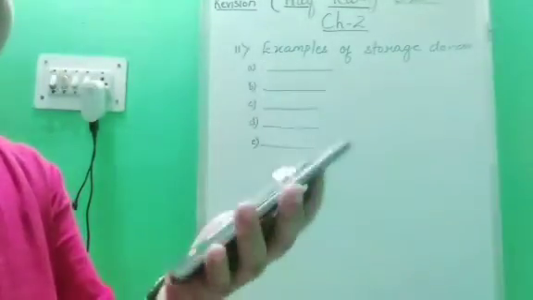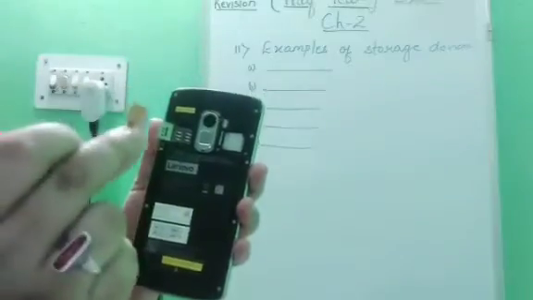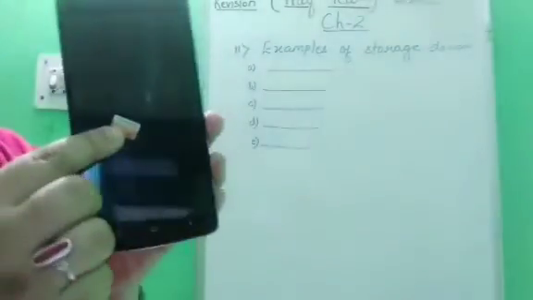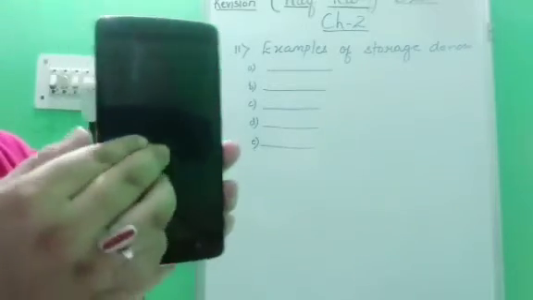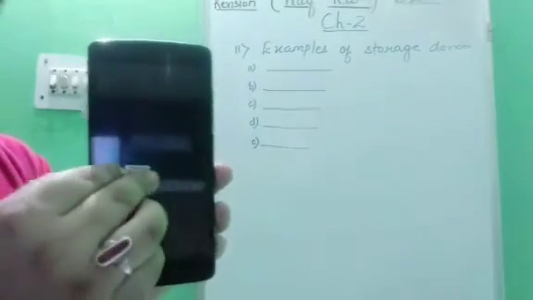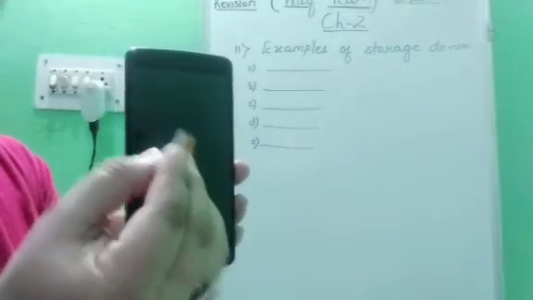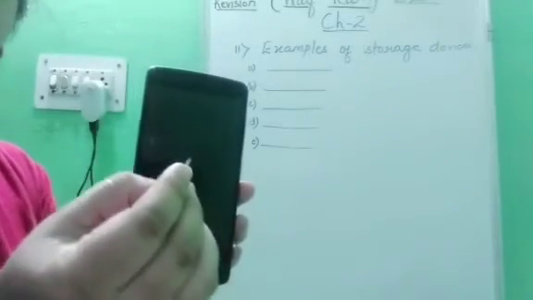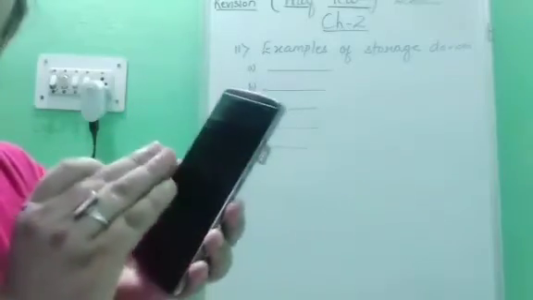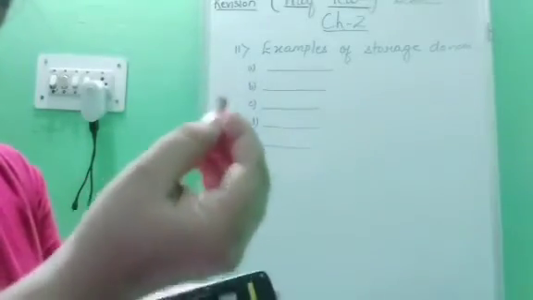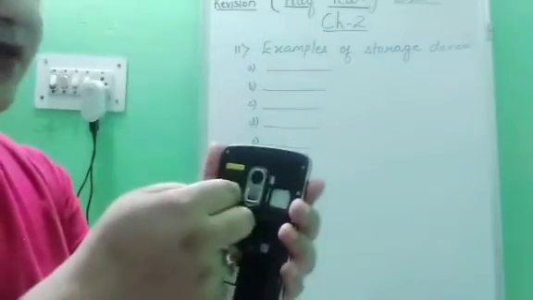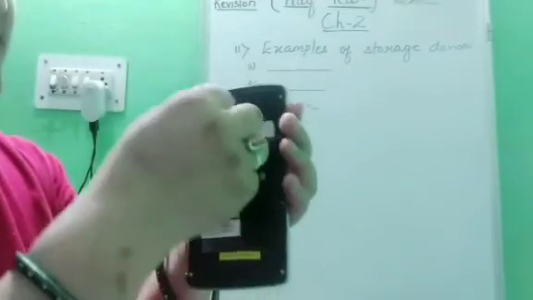Okay. Now here, this is a micro SD card. Can you see? It is so small, that is why its name is micro. This is a memory card which can store the data in a mobile phone. So a mobile phone uses this micro SD card to store the data and we insert it here like this.